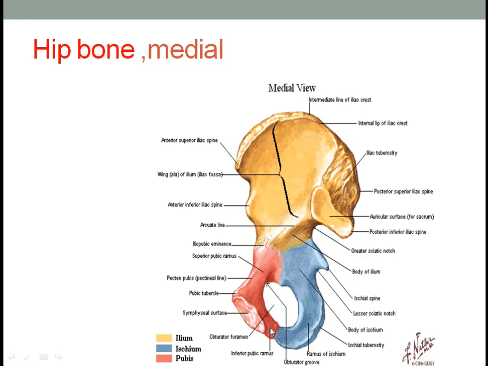This is the inferior pubic ramus, and this is the superior pubic ramus. This is the pubic tubercle here. As you see here, this is the obturator groove. All of this foramen we call the obturator foramen, and this is here the obturator groove. And this line here is called the pectineal line.